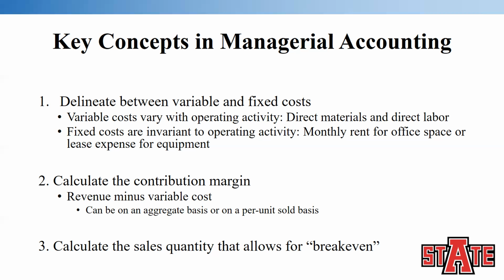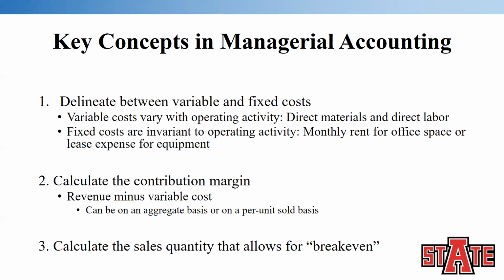Number 2, calculate the contribution margin. The definition of the contribution margin is very important. That's revenues minus variable cost. So the contribution margin gets its name from the fact that any revenues above and beyond variable cost can contribute to defraying or paying down fixed cost.